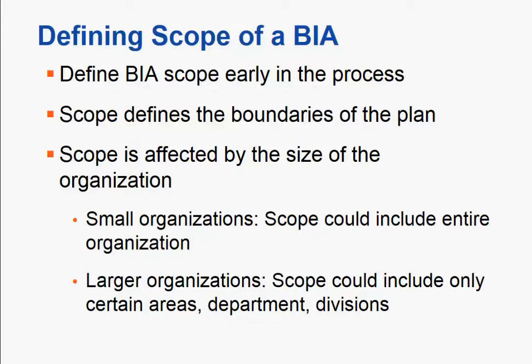So we want to define the scope of a BIA. Basically define a BIA scope early in the process, as we mentioned. And we mentioned the boundaries, the small and large organizations.